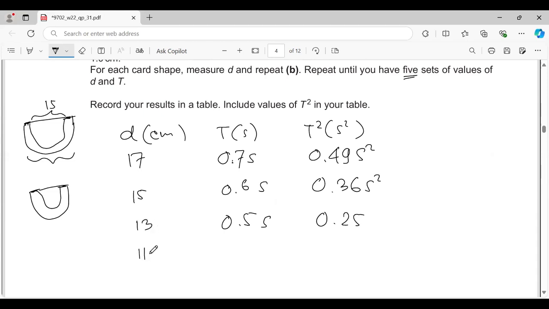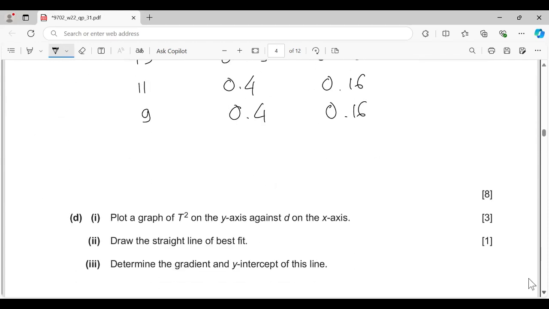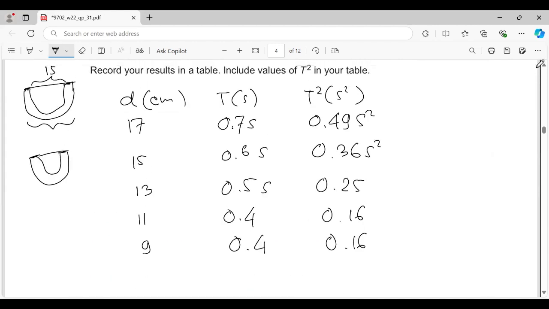So after that, 11, and for 11, 0.4 means 0.16, and 9, the last one, 0.4 according to my experiment, 0.16. Okay, so this is the table, my experimental result.